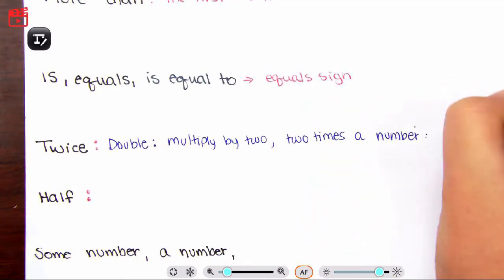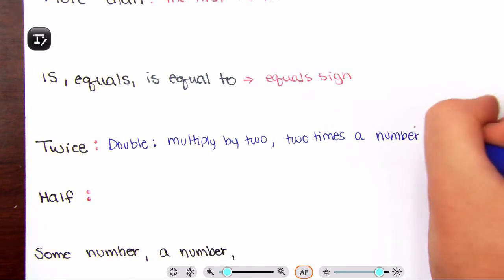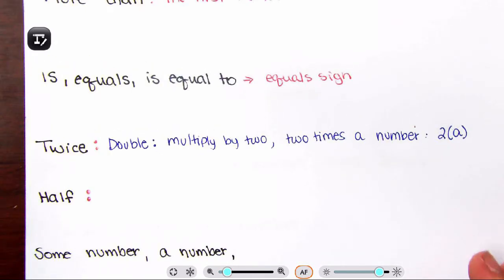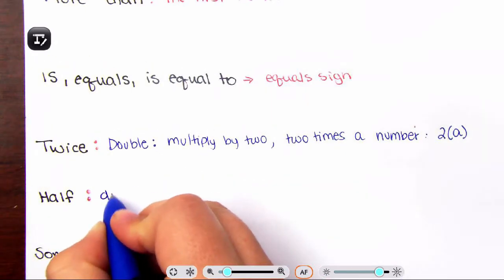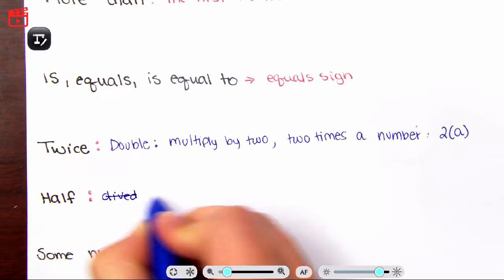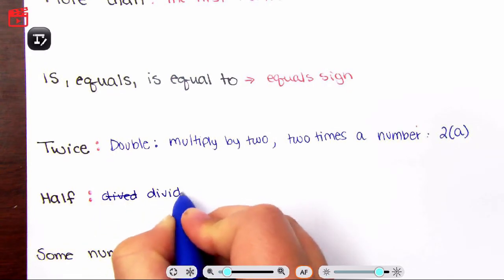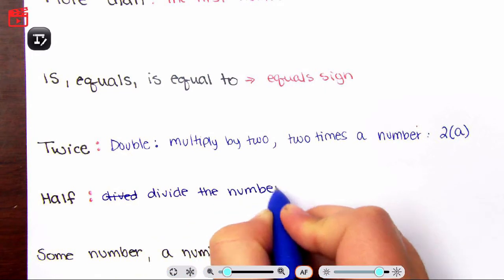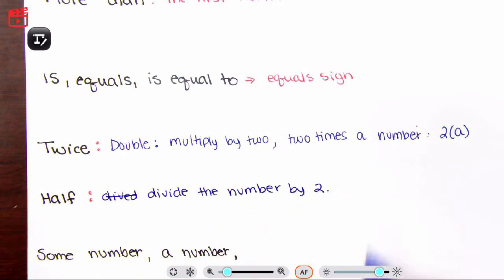For example, you can say twice of A or double A, it would be 2 times A. Half means divide the number by 2 when you have half.